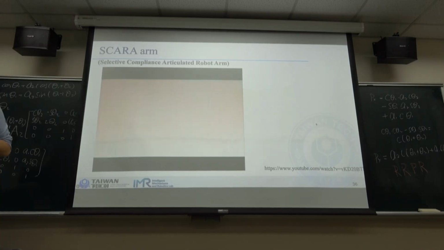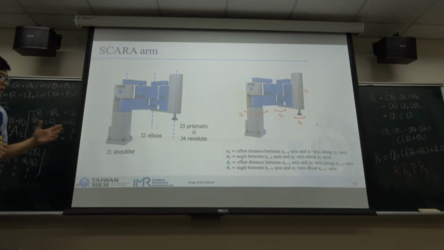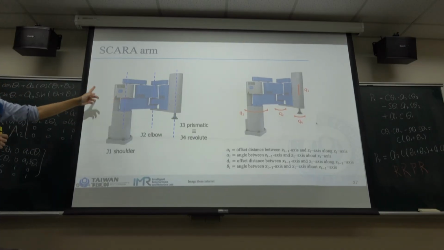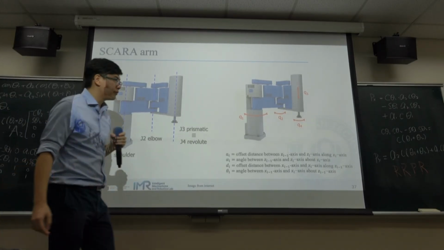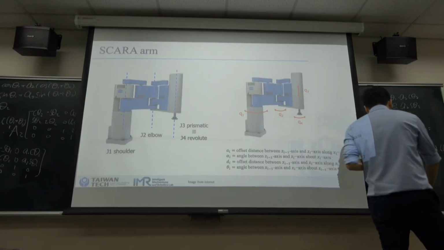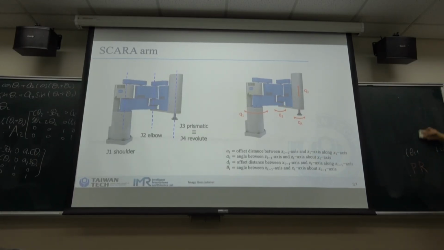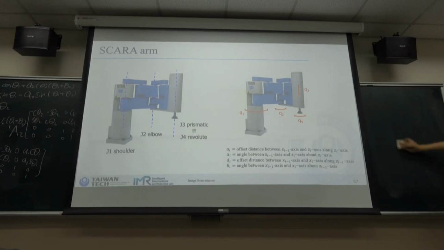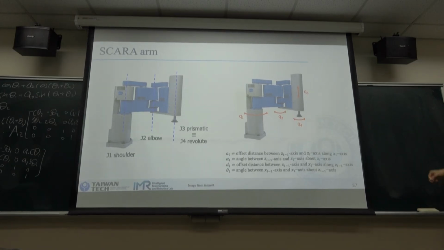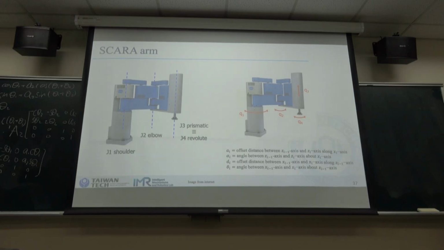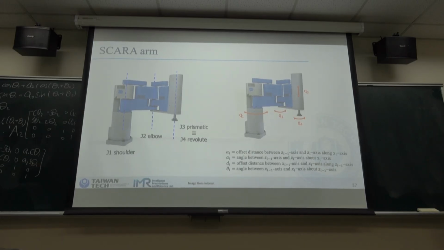So this is the SCARA robot, and let's build a DH parameter table for it. The first thing is that we need to determine what our zero configuration is.